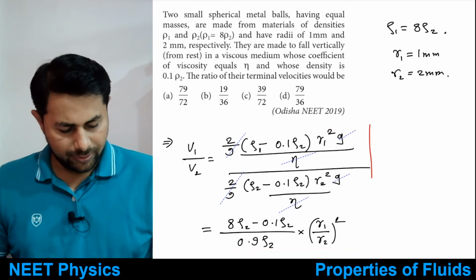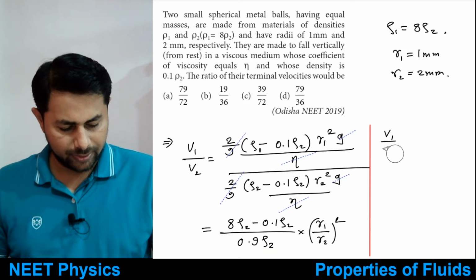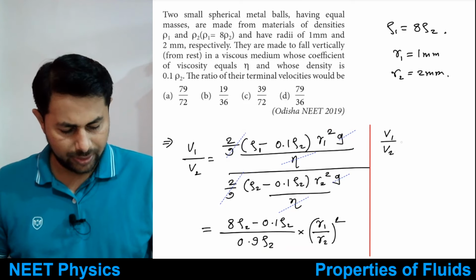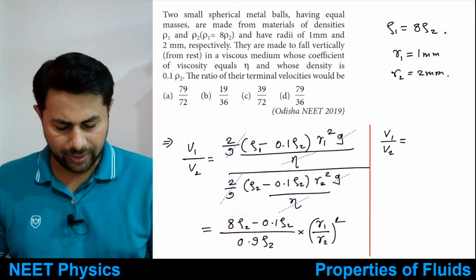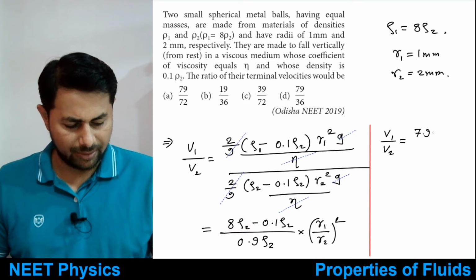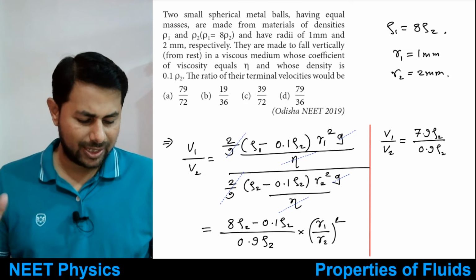And that is equal to V1 by V2. V1 by V2 is equal to 8 times ρ2 minus 0.1 ρ2, which is 7.9 times ρ2, divided by 0.9 ρ2. And what is r1? r1 is 1, r2 is 2.